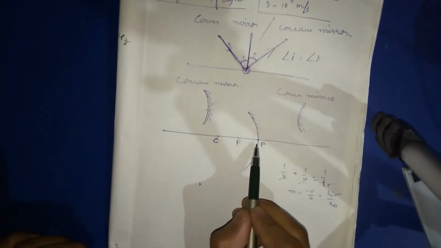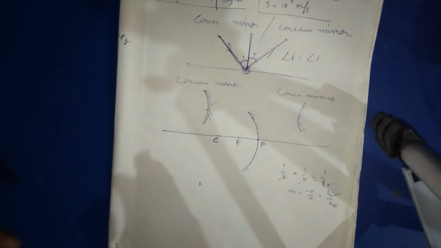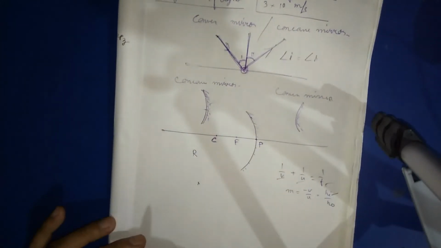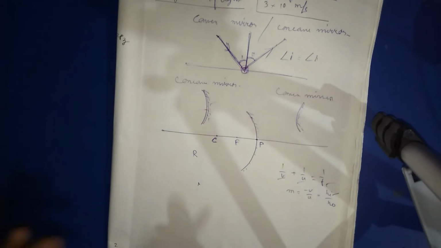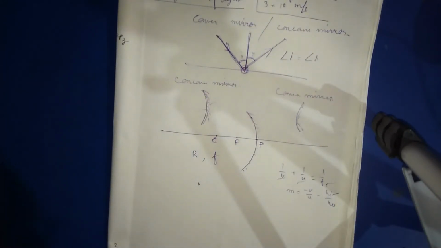The distance between the pole and the center of curvature is called the radius of curvature. We denote radius of curvature by R, and focal length by small f. These are the things we have to remember.